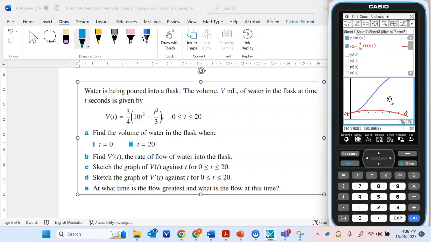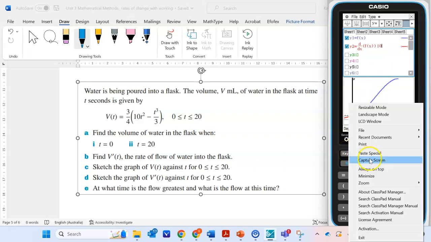Why did that keep going past when I restricted it at 20? Don't know. My derivative should have finished at 20. Let's just restrict it now. I probably should have done it properly with my keyboard. Whoops.